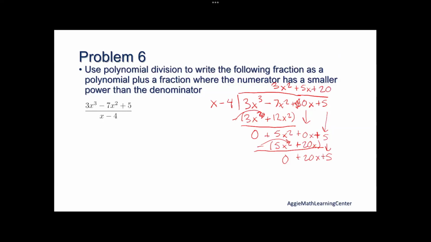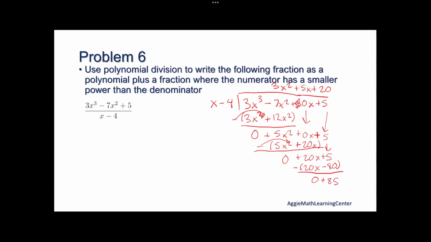So we'll add 20. 20 times x is 20x, and 20 times negative 4 is going to give us a negative 80. We'll subtract again. 0, negative distributes, so that 80 will be positive, and we're left with a positive 85.